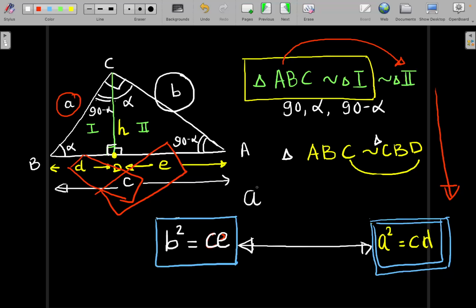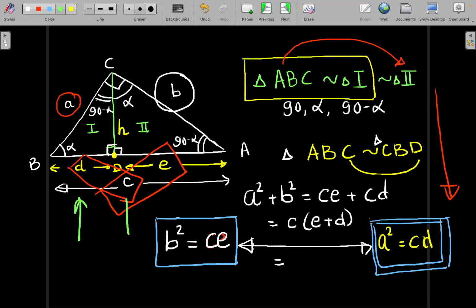I shall write this as A square plus B square is equal to CE plus CD. Now this is equal to C, I'll take C common, and it will be E plus D. Okay, at this juncture, I please ask you to look into the figure here, please.